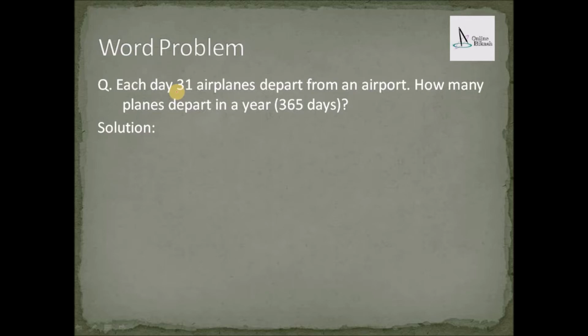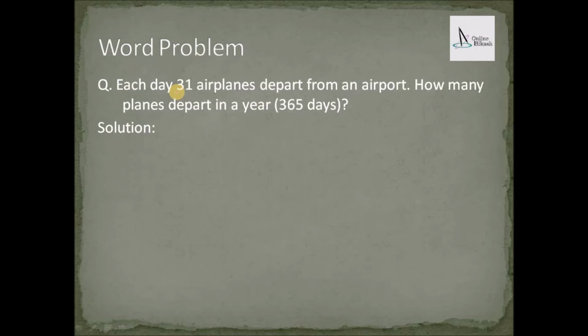To find the total number of airplanes departed in a year, you have to add all these 31s, right? So 31 plus 31 plus 31 and so on. Can you tell me how many 31s there are? Total days is 365 days, so 365 31s will be there.